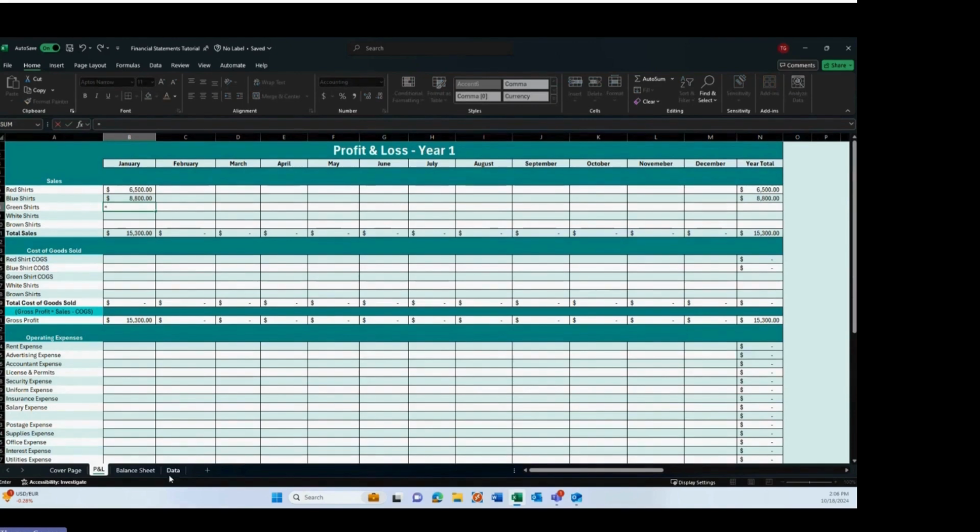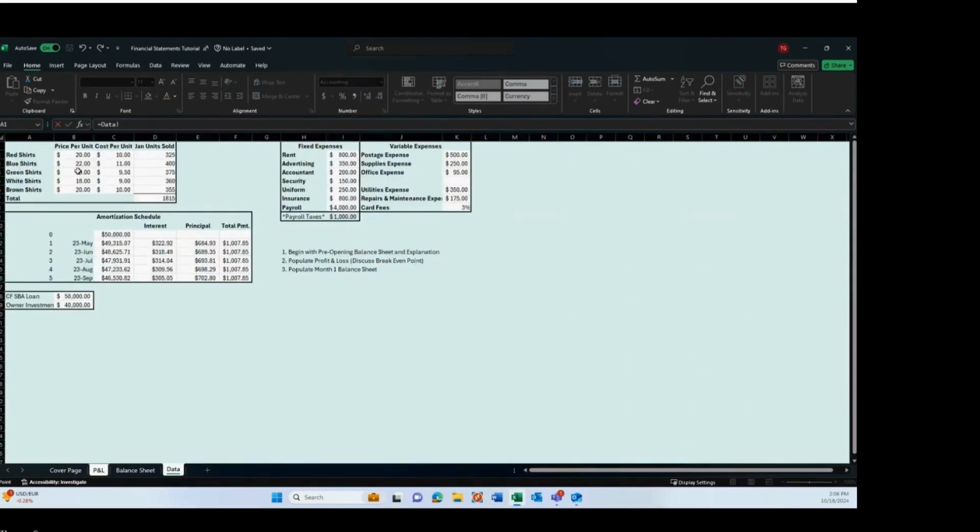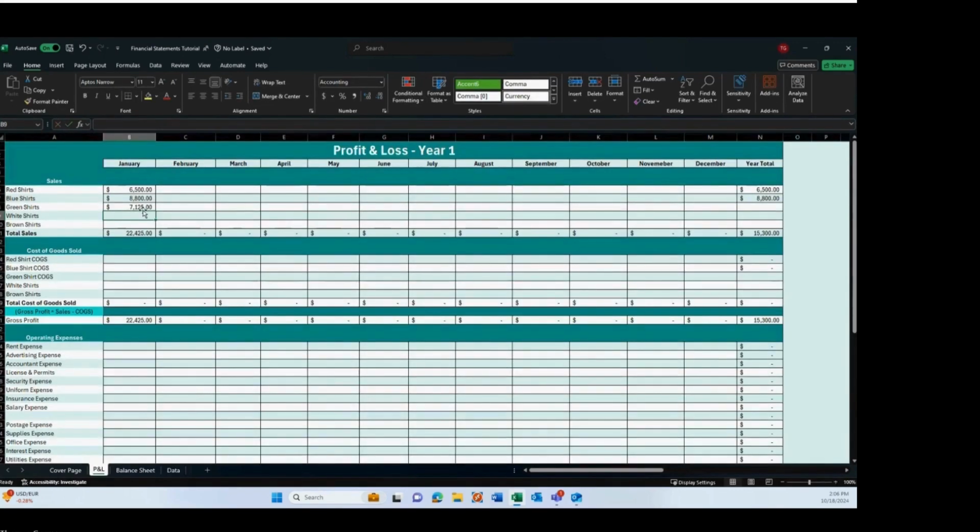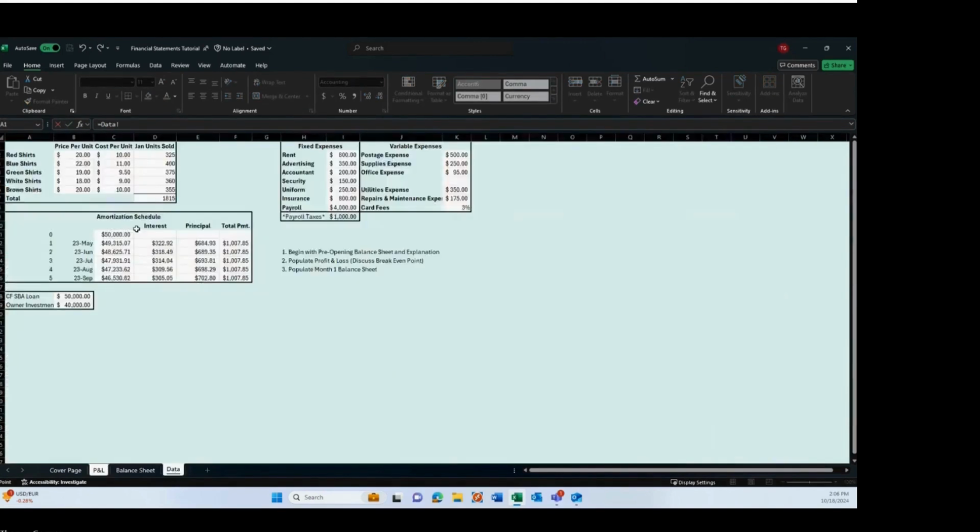On to green shirts. Once again, here we go. $19 per green shirt times 375, $7,125 in revenue. White shirts equals $18 per shirt times 360 units.